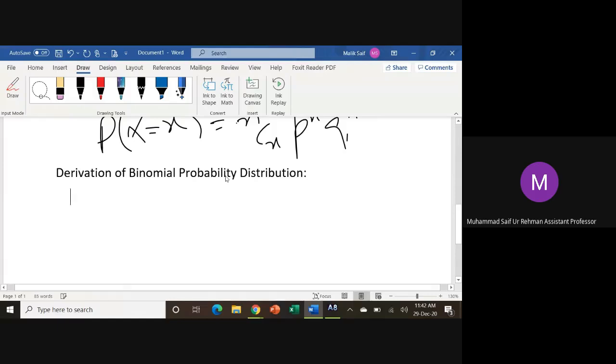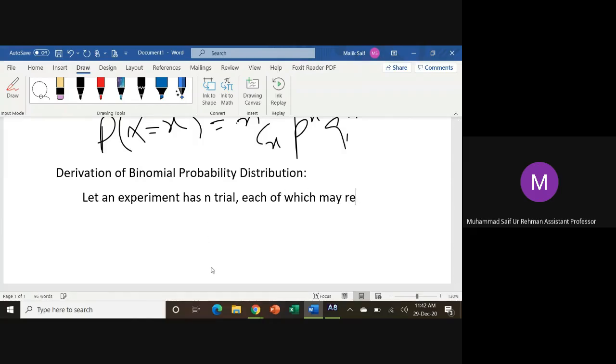So you may start as: let an experiment have n trials, each of which may result in success. You can denote success with S, and failure you can denote with F.